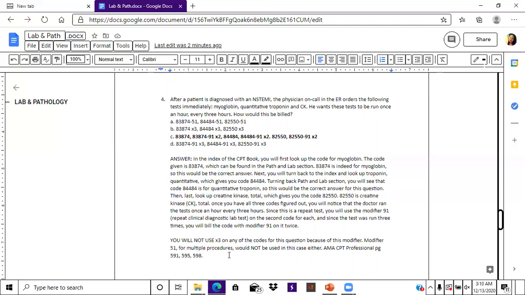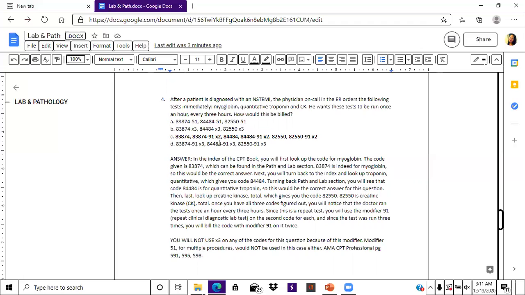So the modifier 91 is for the repeat clinical diagnostic lab test, and you're going to use that on the second code for each. Since the test was run 3 times, you will build the code with the modifier 91 on it twice. So I'll show you. You see how you have 83874, and then you have 83874 with modifier 91 times 2.